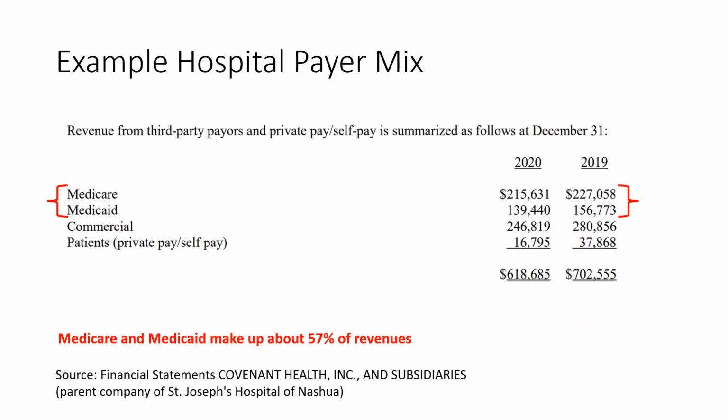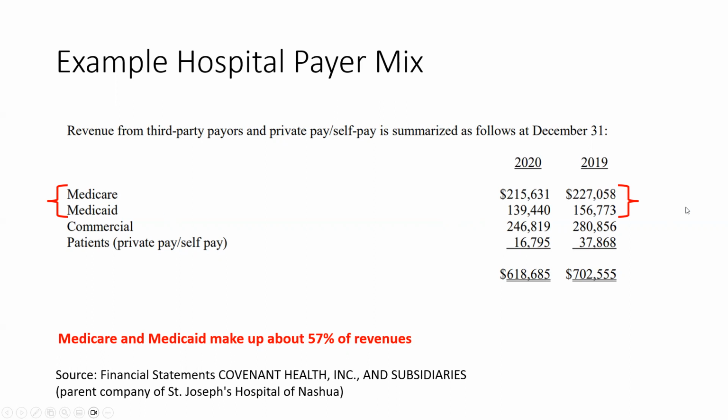the parent company of St. Joseph's Hospital, which is in Nashua. I want to say this is in thousands, so it's 215 million, and I think this is actually for St. Joseph's. Sorry, I don't recall off the top of my head.